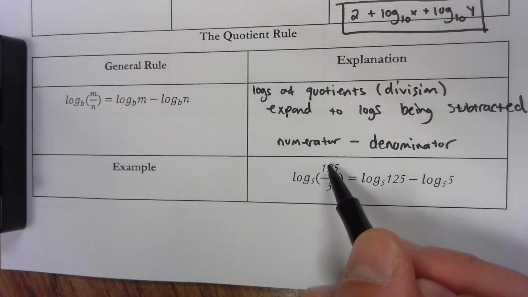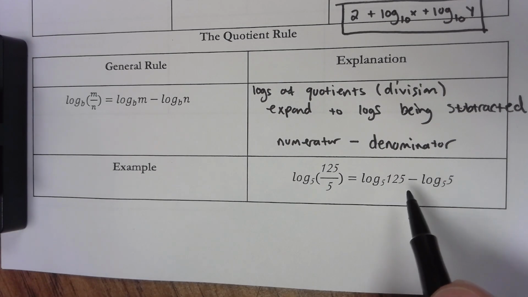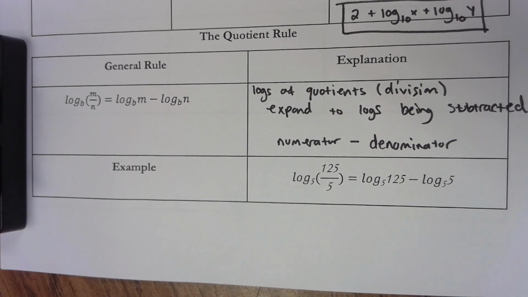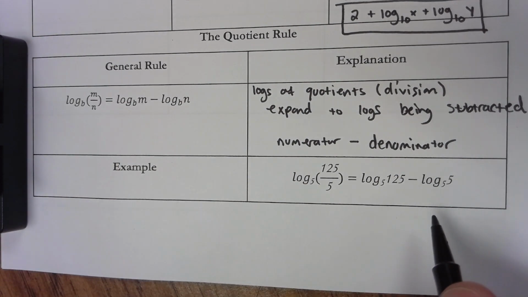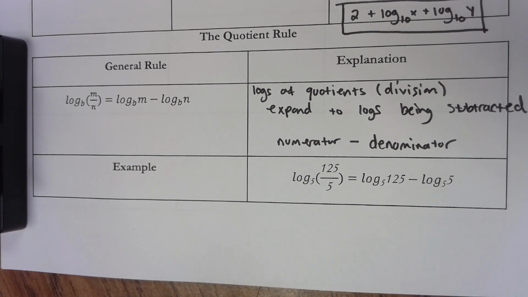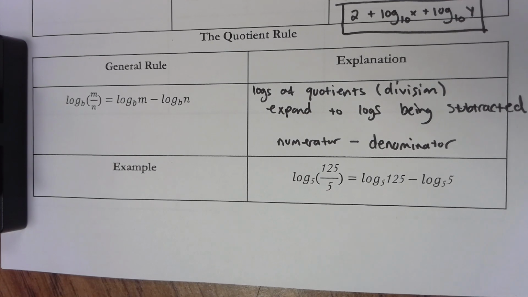So log base 5 of 125 divided by 5 could expand to log base 5 of 125 minus log base 5 of 5. That's obviously going to equal a number. Okay, in this example, that evaluating of the numbers is not there. When we're working through these, I will want us to actually evaluate those numbers. This more gets at how the property is being applied.